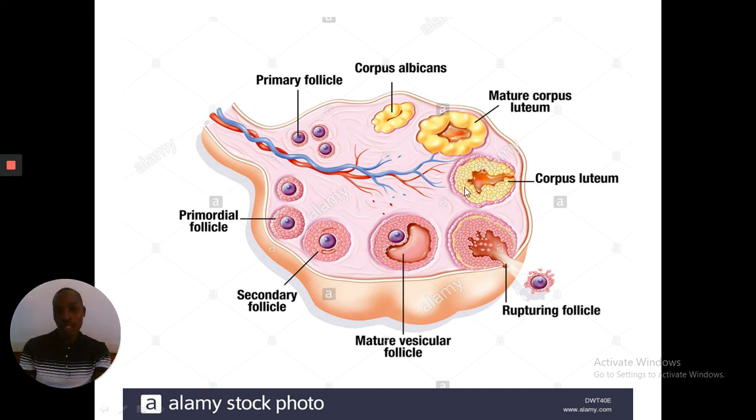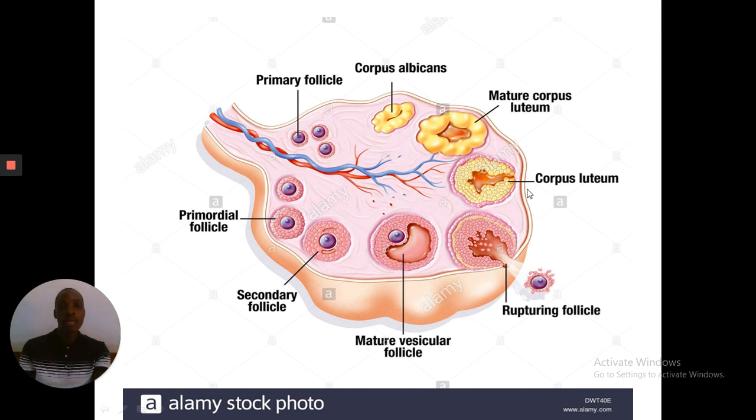Now, the corpus luteum has a very vital role still. It produces progesterone that is going to prepare the uterus for pregnancy, and if it happens, then it also maintains the pregnancy.